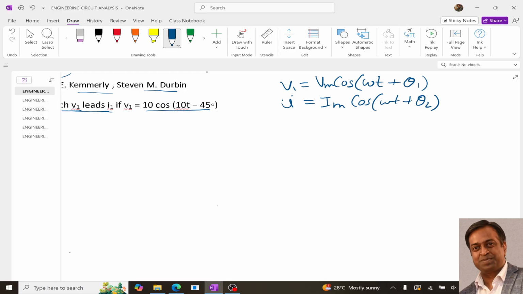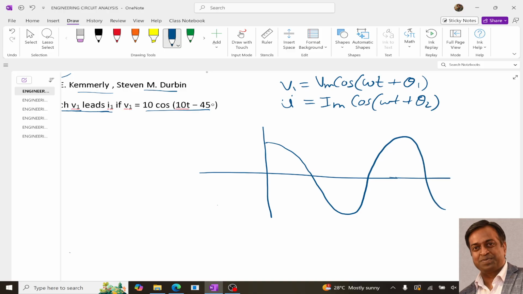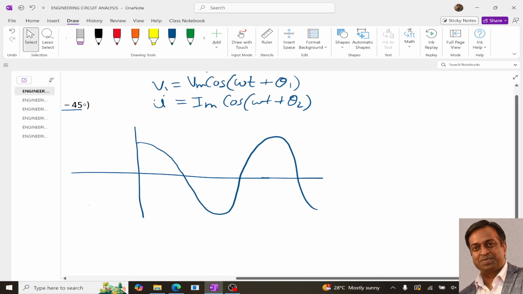One way is using a waveform: by drawing the waveform we can determine which one is leading and which one is lagging. For the cosine, the waveform starts from here, right?